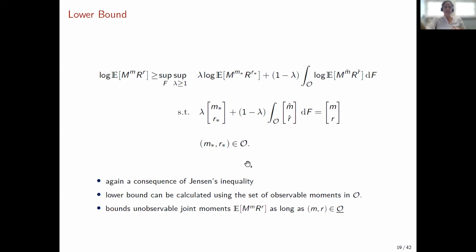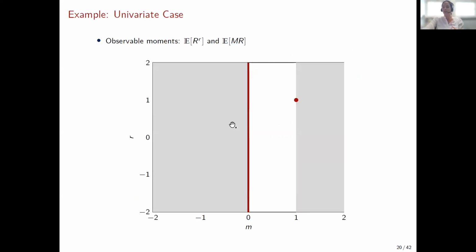Again, this is just a repetition. This is just a consequence of Jensen's inequality. So basically, the idea is exactly the same as before. We can derive a lower bound based on the observables we have. So how does it look in our graphical illustration? Here we have the set of observables, which are the red line and the red dots. And in the case of the upper bound, we're now just going to be outside of the convex hull.